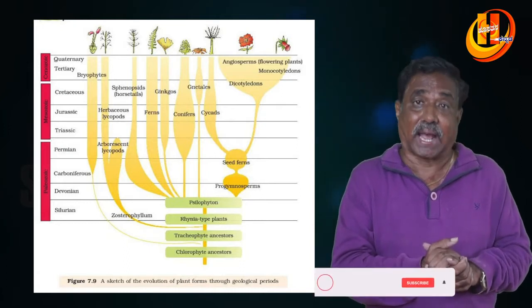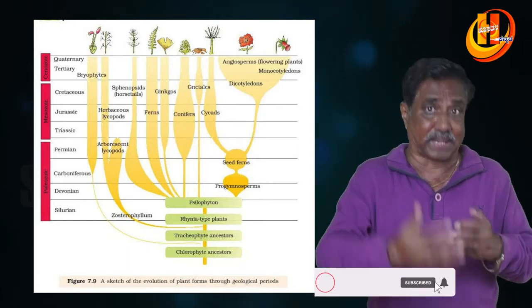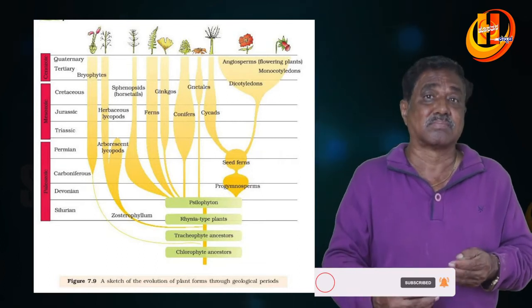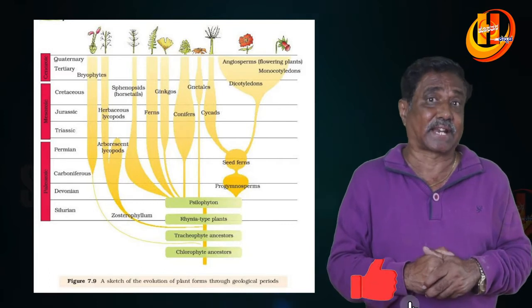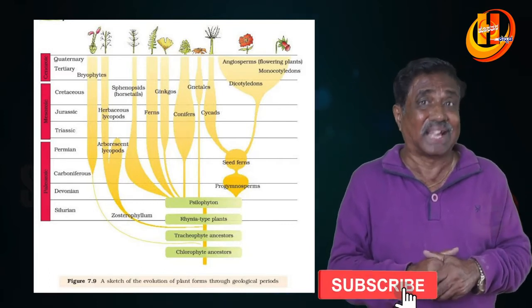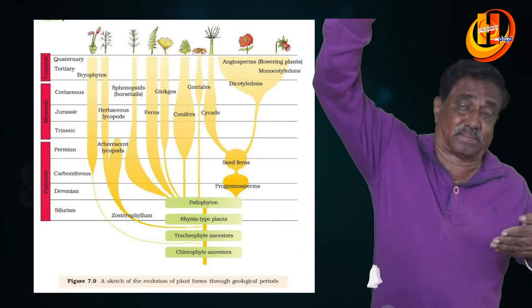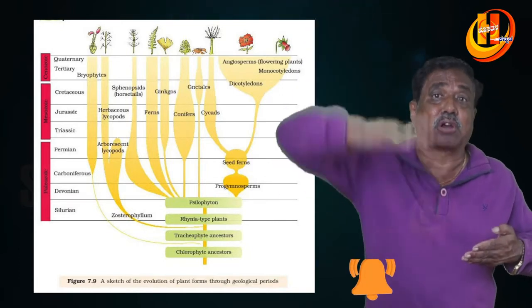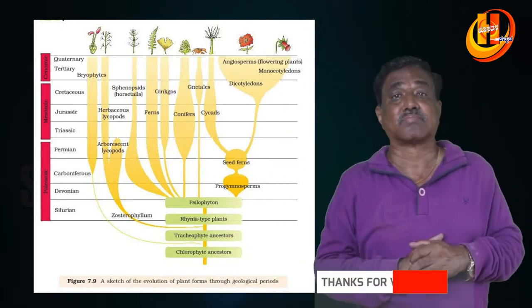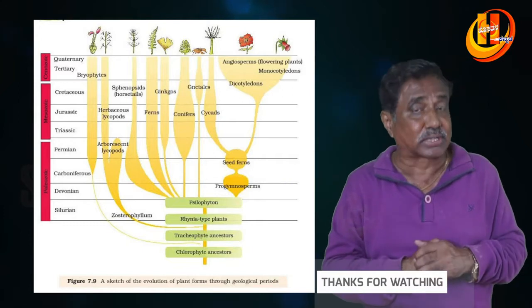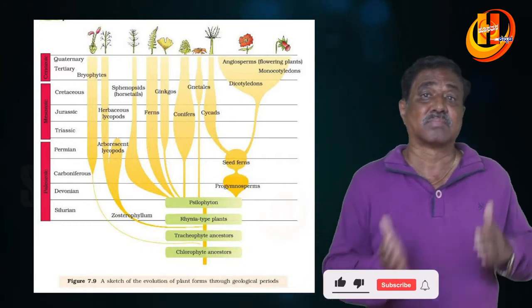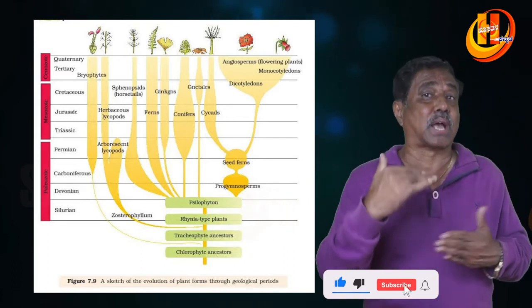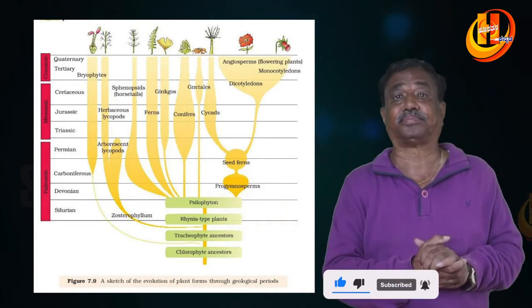The plants and animals which were buried in the past, the remnants of plants and animals, are called fossils. The paleontological graph shows that in the oldest layers only fishes and amphibians are present.